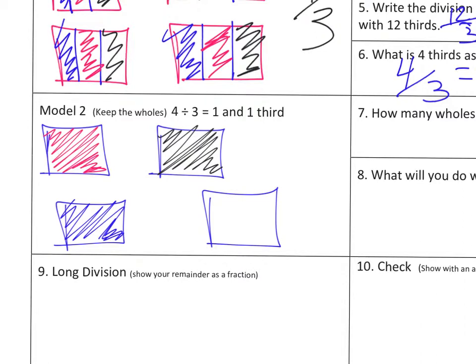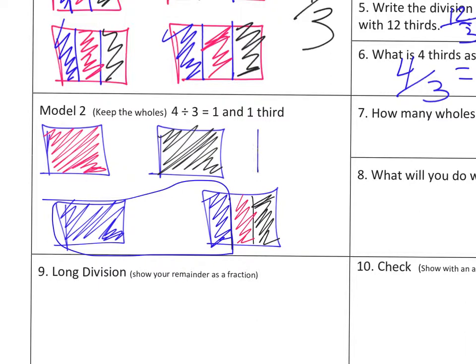Well, I'm going to divide it up into thirds and give 1/3 of this kilogram to each. So then, let's look at the blue for example, I've got 1 whole plus 1/3, which is still the same as 4 thirds, which is what I got up there.